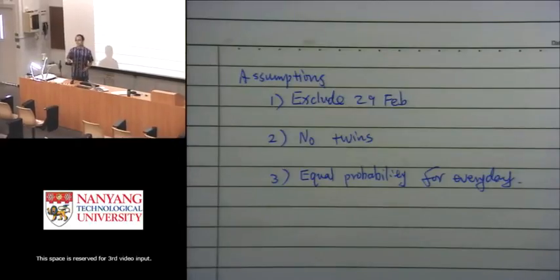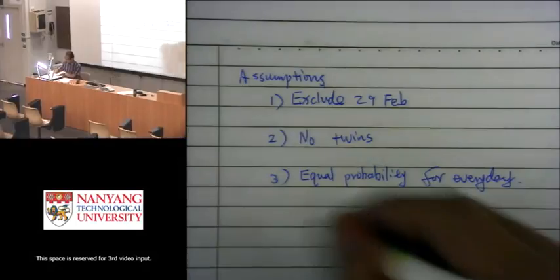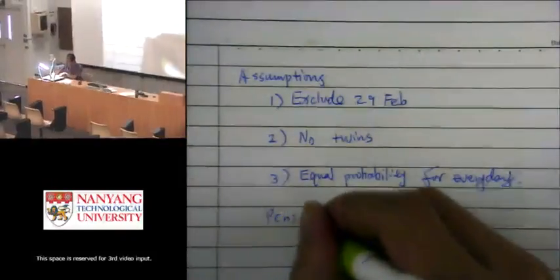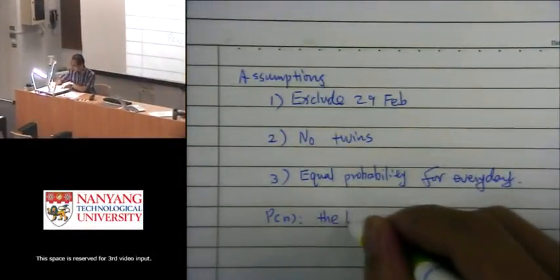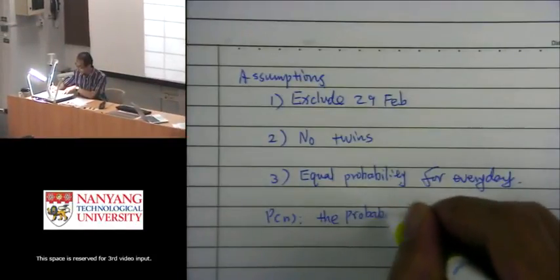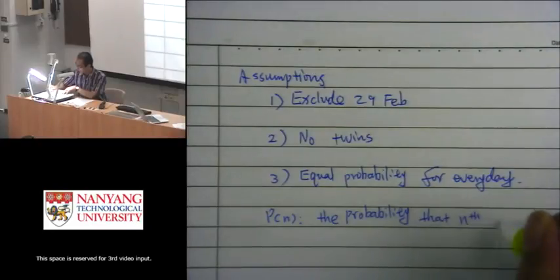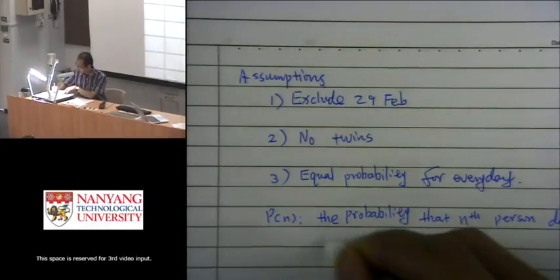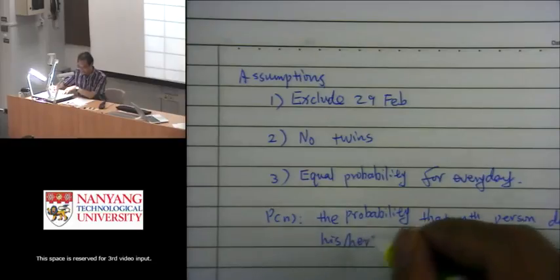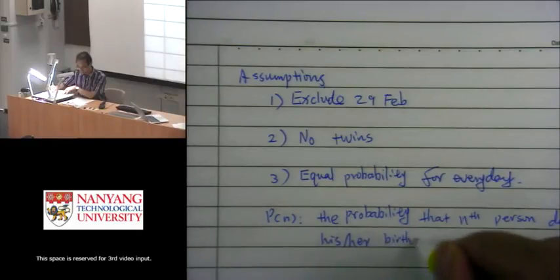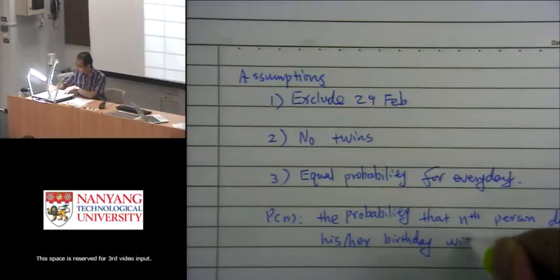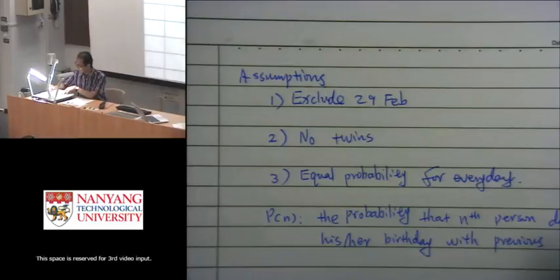Then I need to define one function, P of n. This is the probability that the nth person doesn't share his or her birthday with the previous n-1 people.